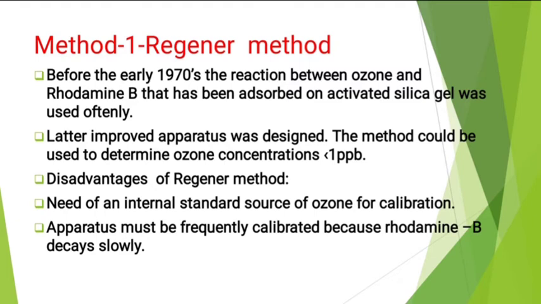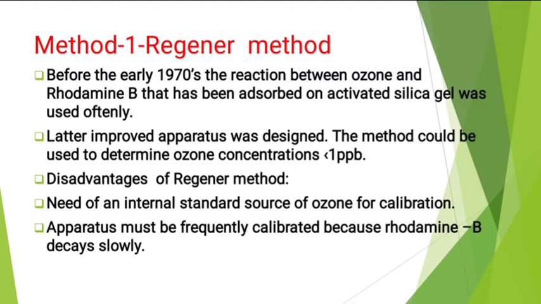Here is the first method, which was developed in the 1970s by the scientist Regener. Before the early 1970s, the reaction between ozone and rhodamine B that has been adsorbed on activated silica gel was often used.